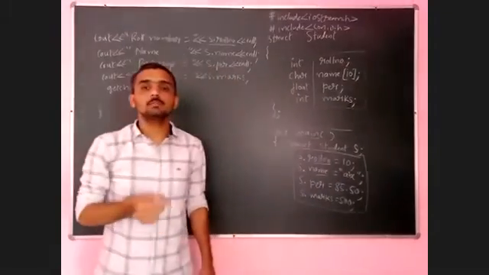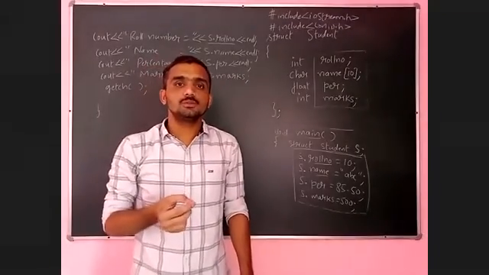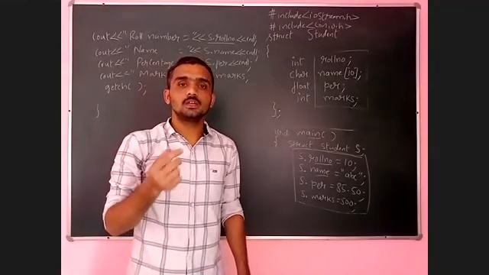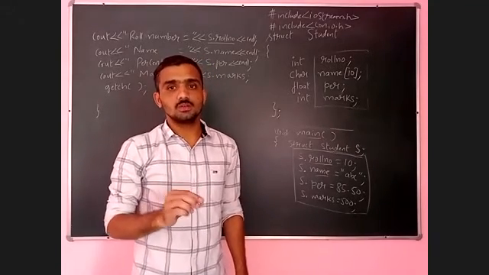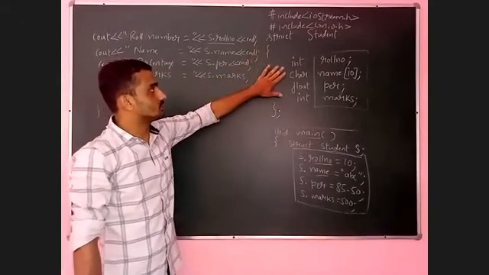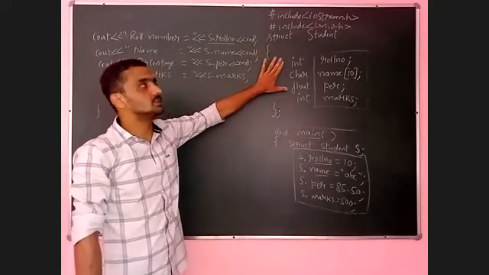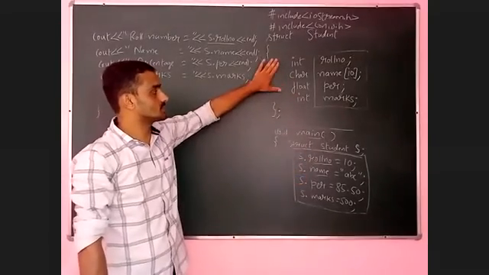When we consider a part of the program as an example while discussing, you should not copy the same code and execute. It will not execute, because you need header files, main function and all. So I have made it a complete program. So header files, this is the structure. Immediately after the header files, you have to write the structure declaration. You should not write the structure declaration inside the main function. First, you have to write the structure declaration.